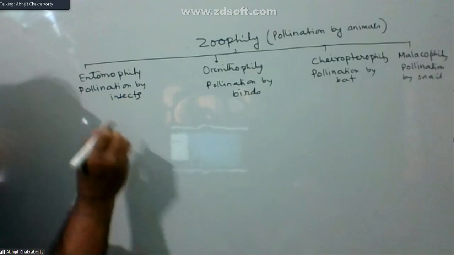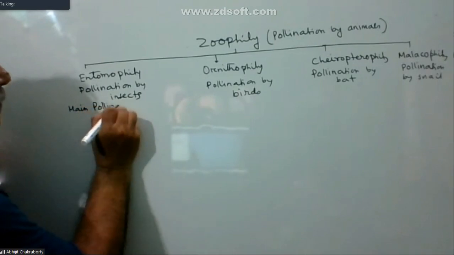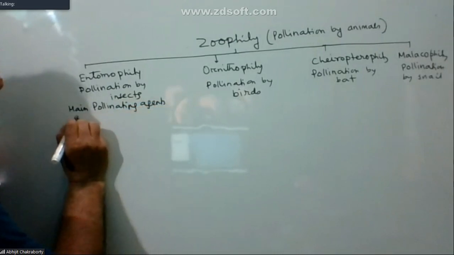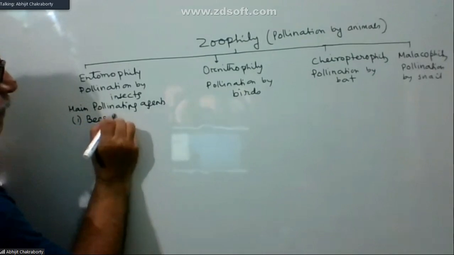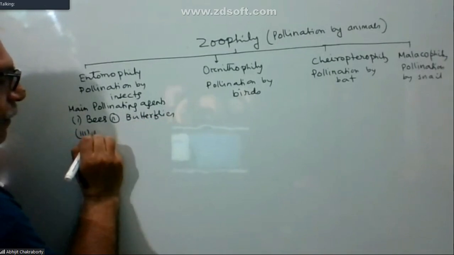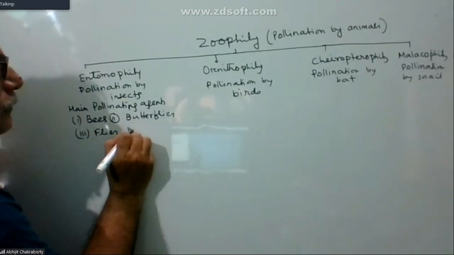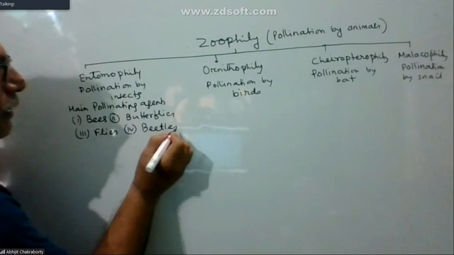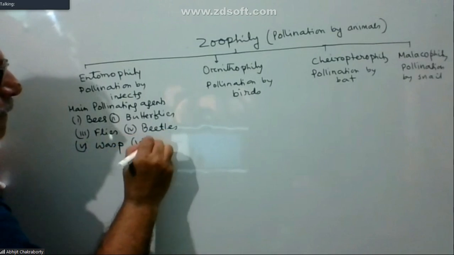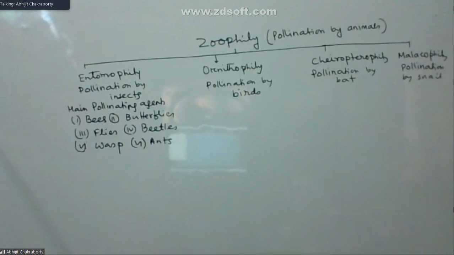Now here the pollinating agents: bees, butterflies, flies, beetles, etc. These are the animals which are taking part in the process of pollination.